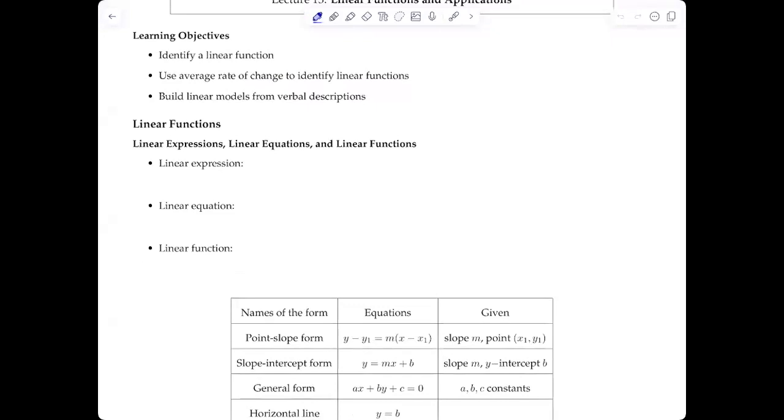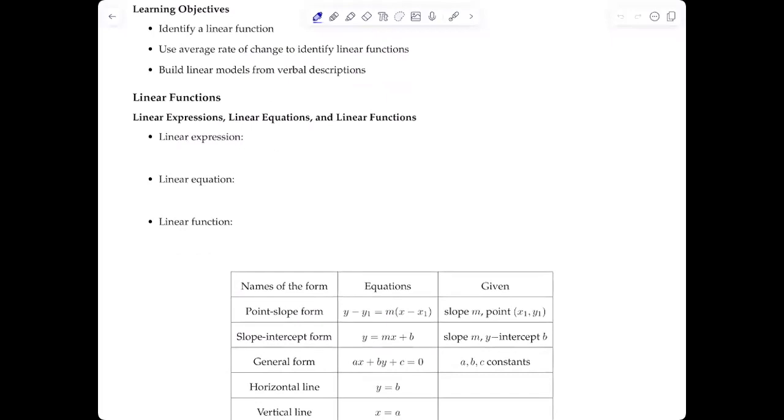I briefly mentioned this in the other class last week, but I want to mention it again. I want you to be able to see the difference between expressions, equations, and functions, because they serve different meanings for different problems.